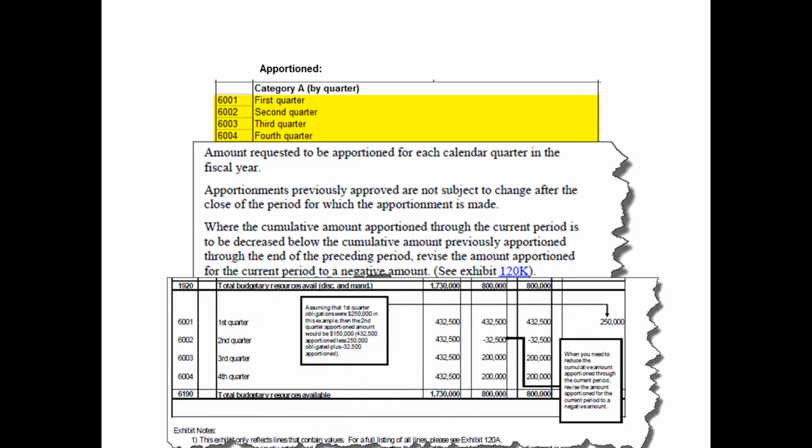Note in this Exhibit 120K that the cumulative amount apportioned through the second quarter is less than the cumulative amount previously apportioned through the end of the first quarter. Since you cannot change an amount after the period is ended, note that the amount apportioned for the current period is revised to a negative amount.